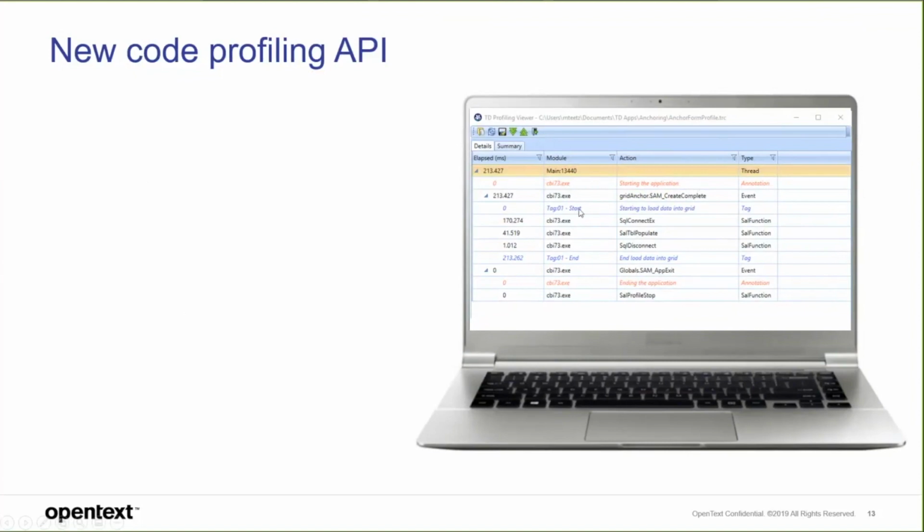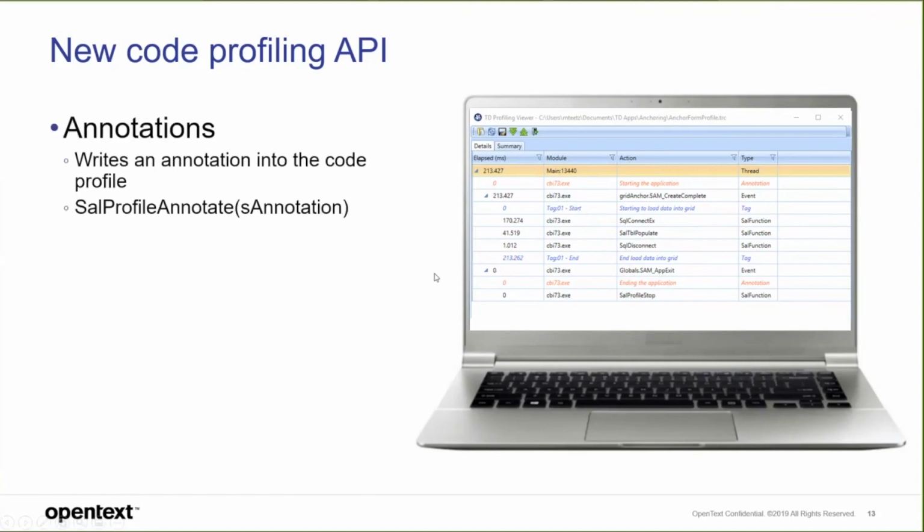Tags have a start and an end point, and those allow you to profile entire code blocks that you define. So you see here tag 01 start, starting to load data into grid, tag 01 end, load data into grid. And you also see that there is a combined time at the end for the entire execution time of this tag from start to end, which is really nice.